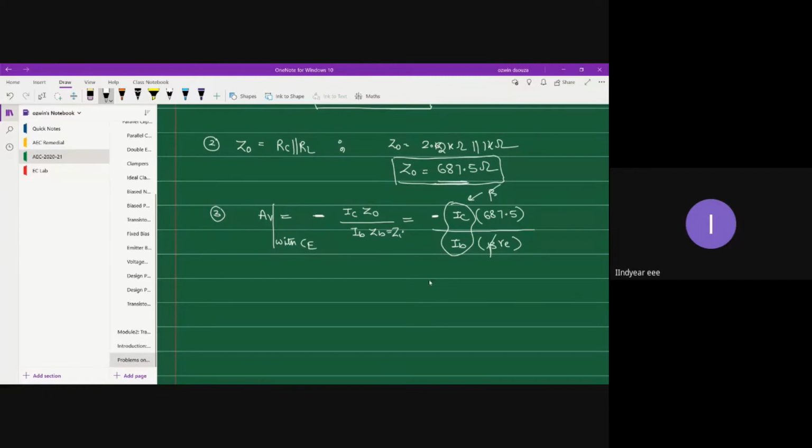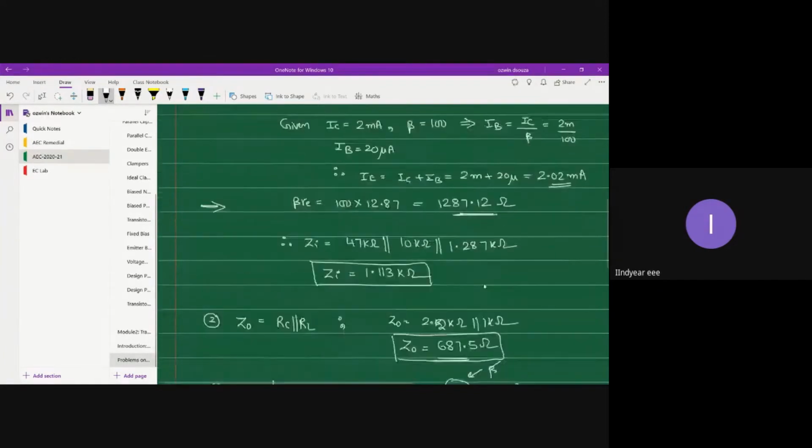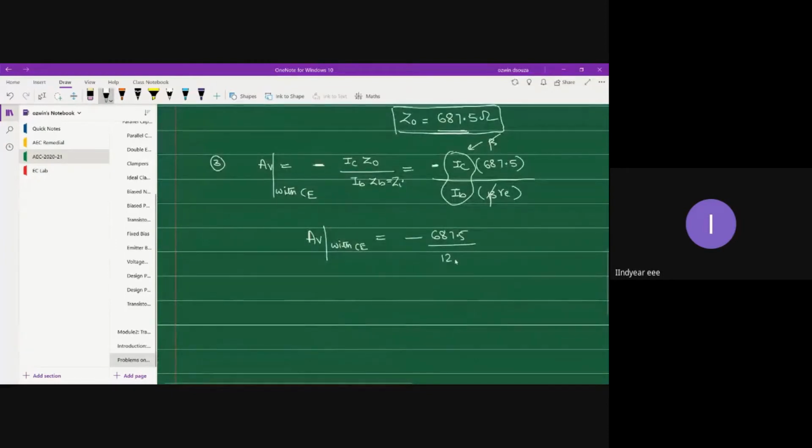So this beta gets cancelled, hence you are left with AV with CE is equal to negative 687.5 divided by RE. And how much did we get? RE as 12.87. Okay, so your gain is negative 687.5 divided by 12.87. That's about 53.41.